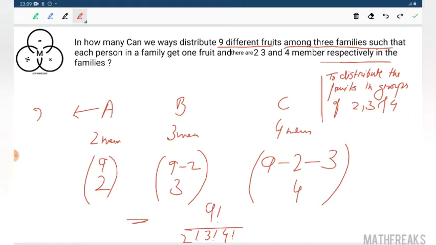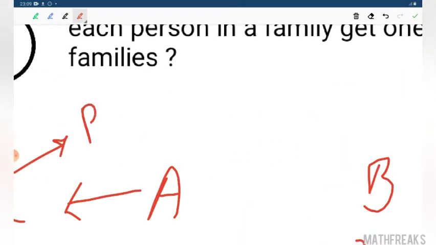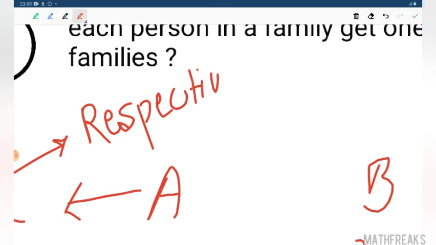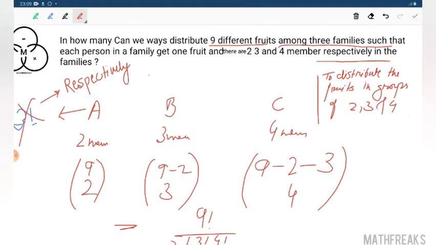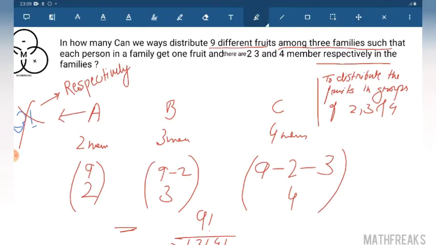So 3 factorial is not possible because it is given respectively, this word, which is the word of special focus, respectively.